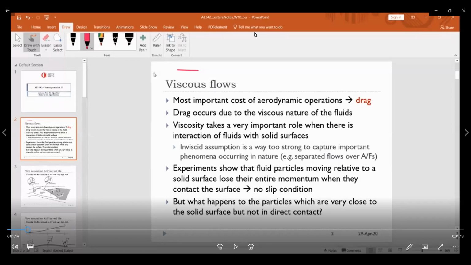Now this, if you remember from the beginning of the semester, constitutes the first part of the semester. And if you remember again from our syllabus discussion, this Aerodynamics 2 class is divided into two major sections. The first section is what we covered so far, compressible flows, high-speed flows.